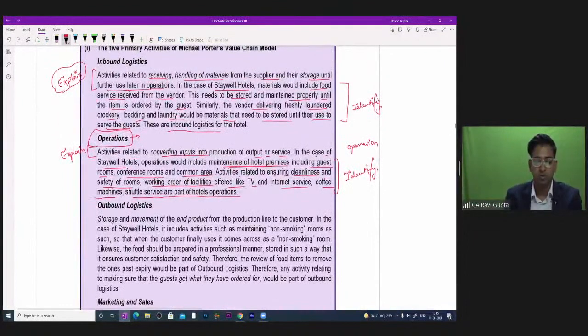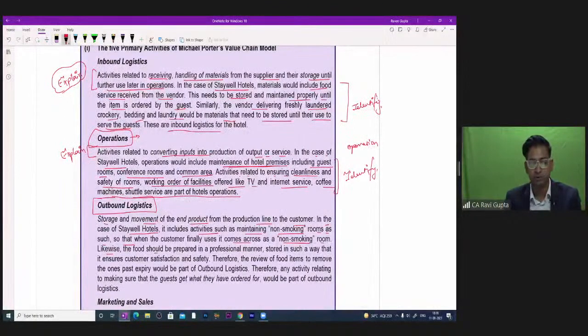Then we have outbound logistics. Outbound logistics is the storage and movement of the end product from the production line to the customers. In the case of Stay Well Hotels, it includes activities such as maintaining non-smoking rooms, so that when the customer finally uses it, they come across a non-smoking room.